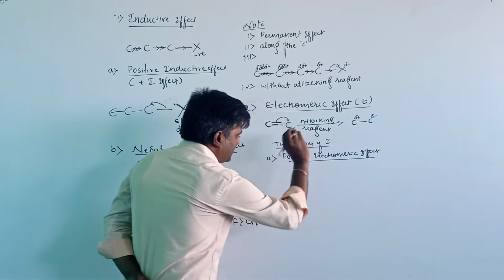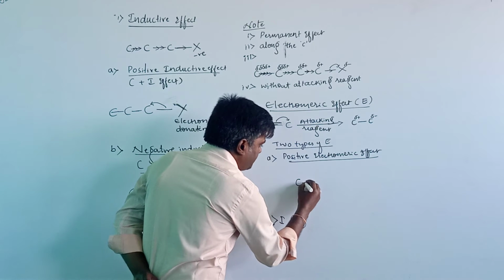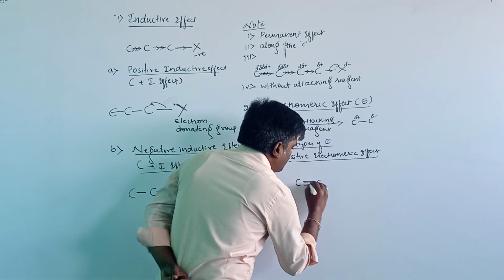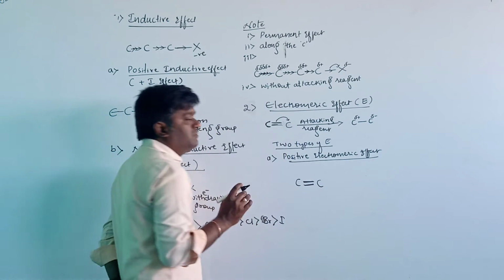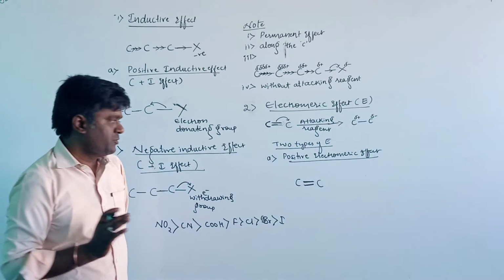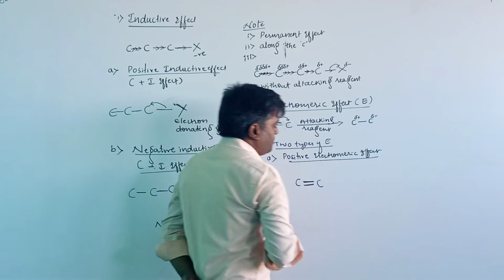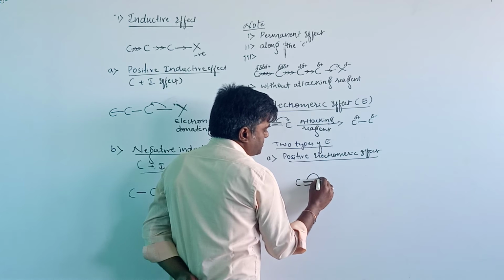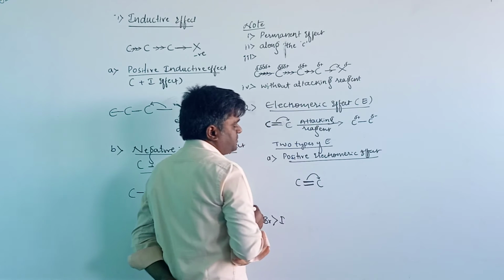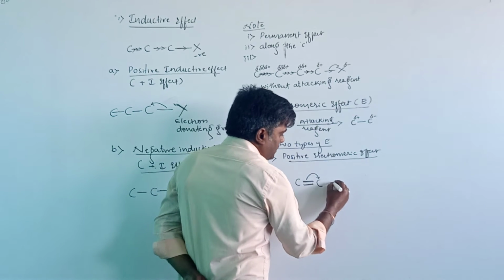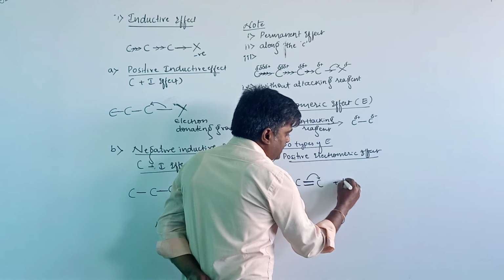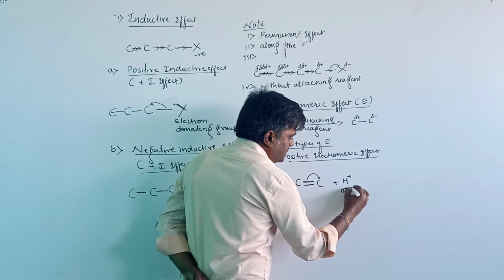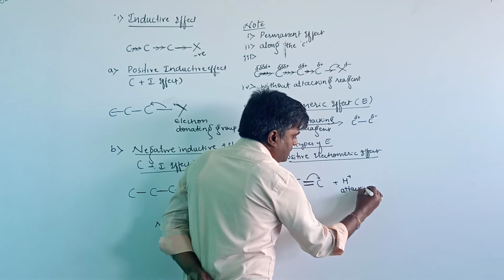Consider an attacking reagent and C double bond C. The electromagnetic effect will be seen only in multiple bonded species. Consider here displacement of electrons will take place in the presence of an attacking reagent. Consider here hydrogen is the attacking reagent.